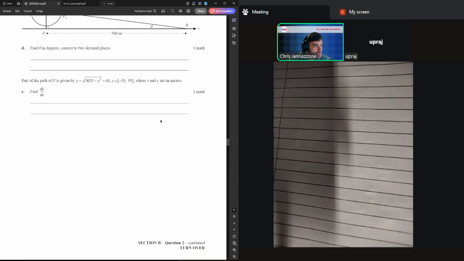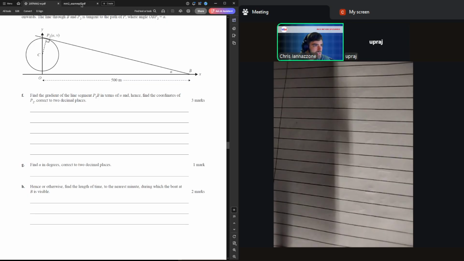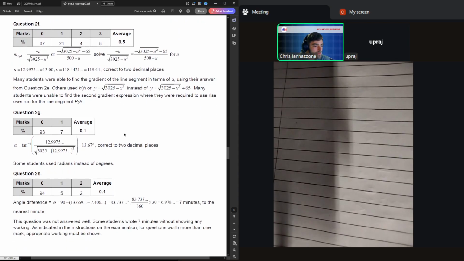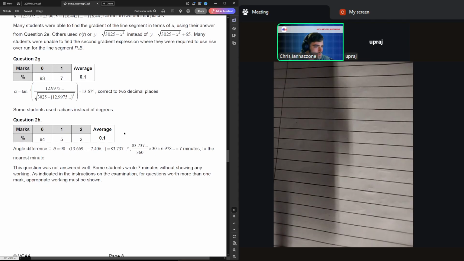It's definitely a longer solution than what's in the answers, but I think it's more in line with what you do in methods. What they did here was kind of like doing arc length stuff, where they said, cool, we have theta, we have alpha, the angle difference between them you can calculate, and then based off of that angle difference, get it as a fraction of the circle, and then multiply by what the period should be to get your minutes.